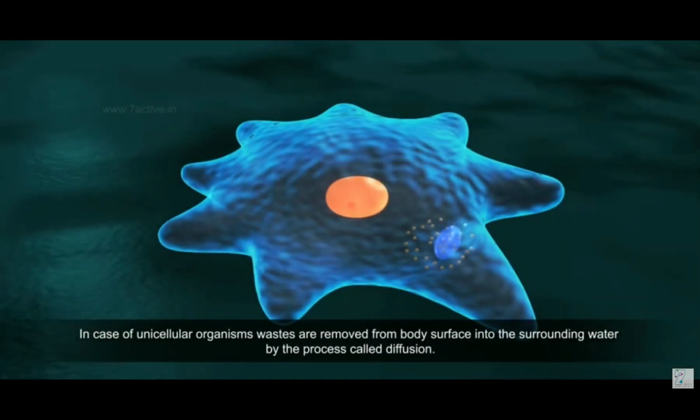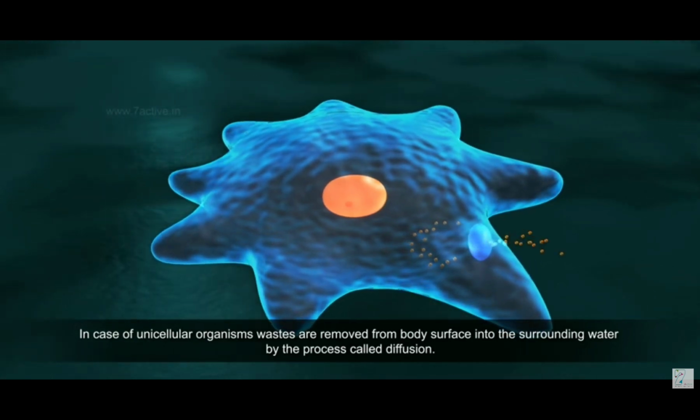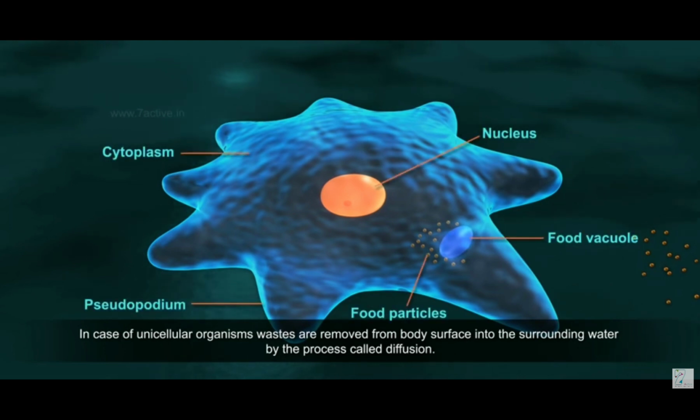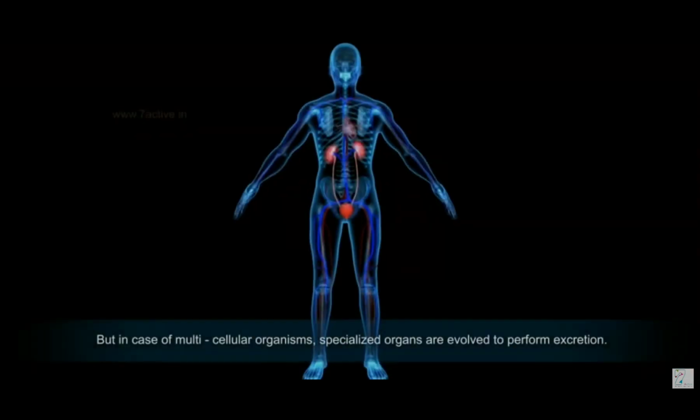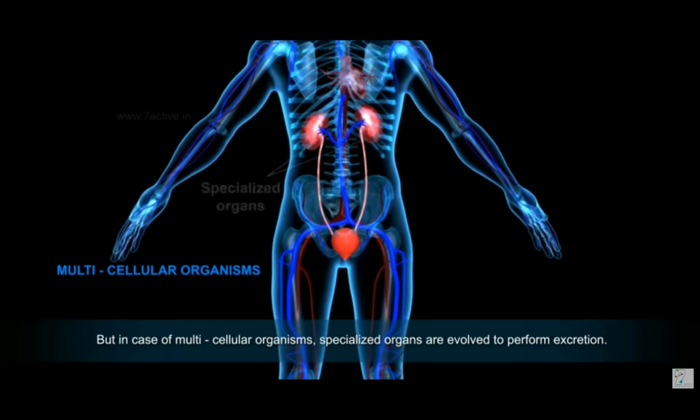In the case of unicellular organisms, wastes are removed from the body surface into the surrounding water by the process called diffusion. But in the case of multicellular organisms, specialized organs have evolved to perform excretion.